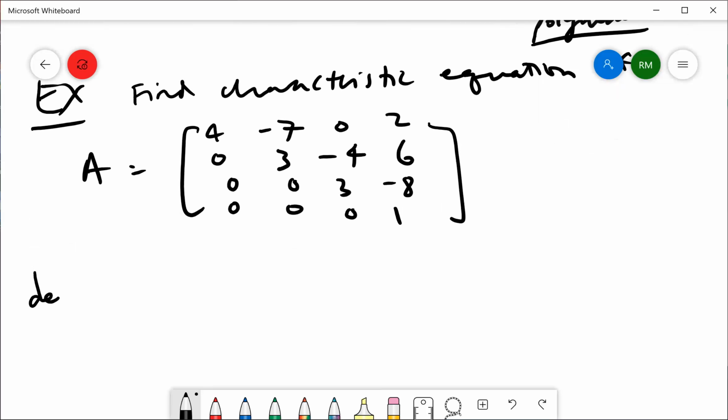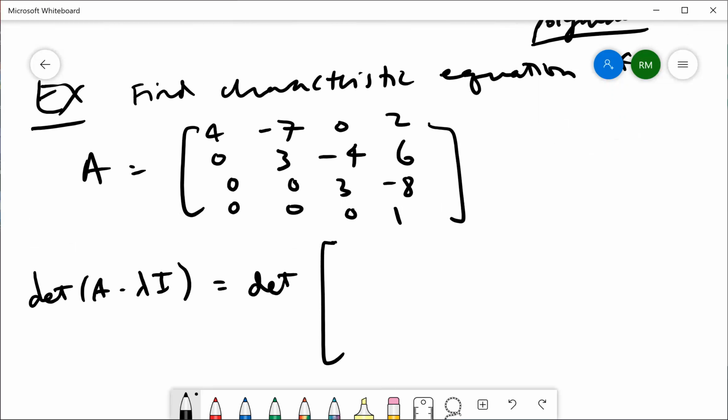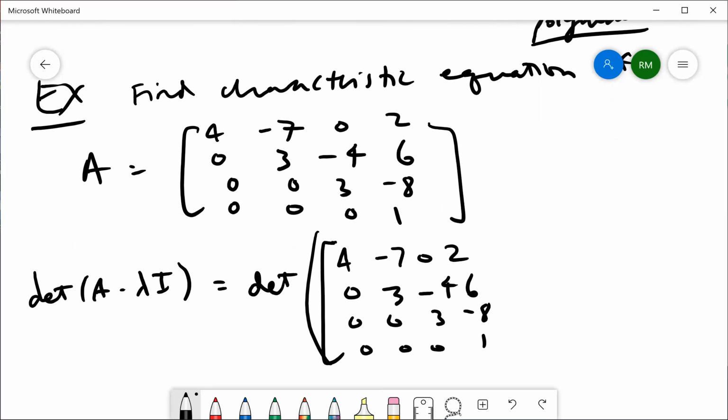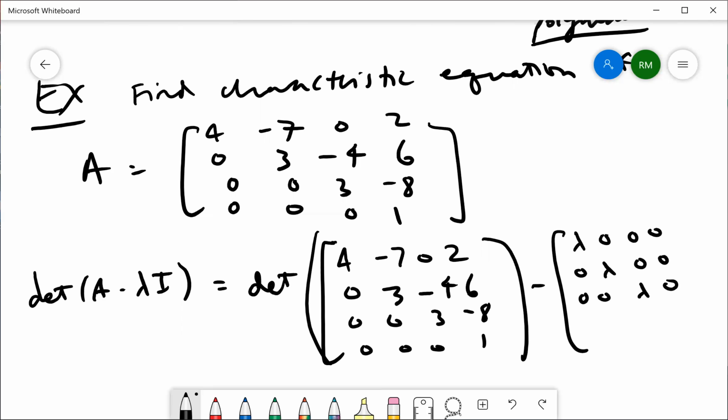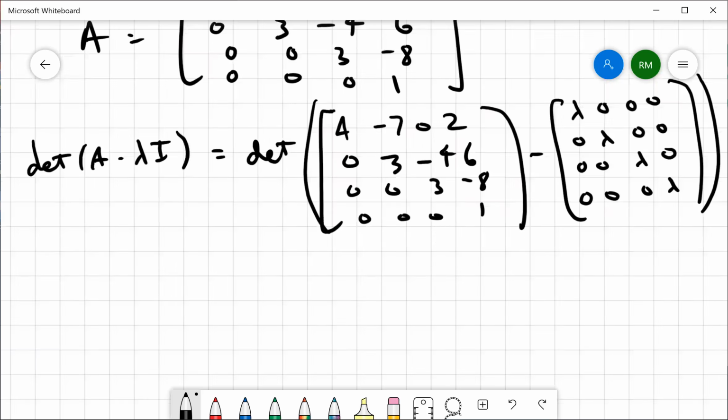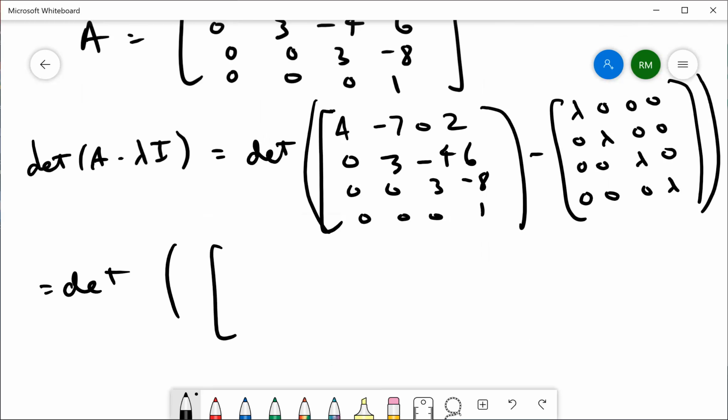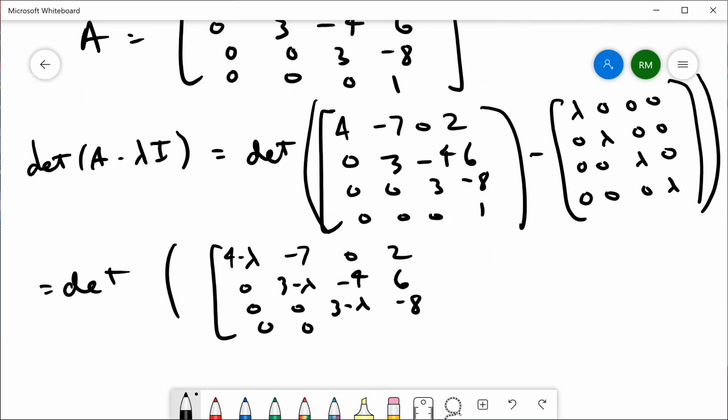So we take the determinant of A minus lambda I, which is the determinant of this very long matrix to write down, which is equal to the determinant of 4 minus lambda, negative 7, 0, 2, 0, 3 minus lambda, and it's a triangular matrix.